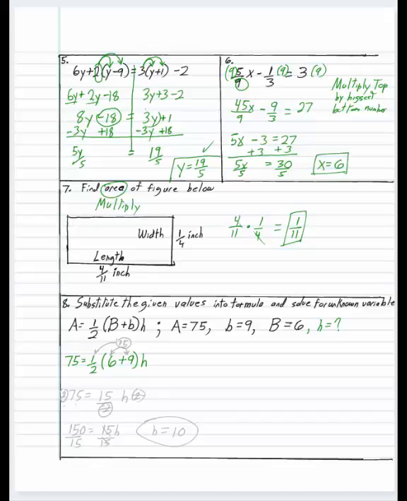Well, if I work the parentheses, 6 plus 9 is 15. Then 15 can multiply with 1. So we get 75 equals 15 over 2 times h. Now, again, nobody likes fractions, so let's multiply both sides by the bottom number, which is 2.